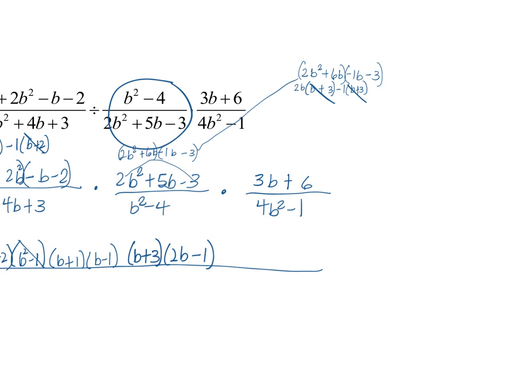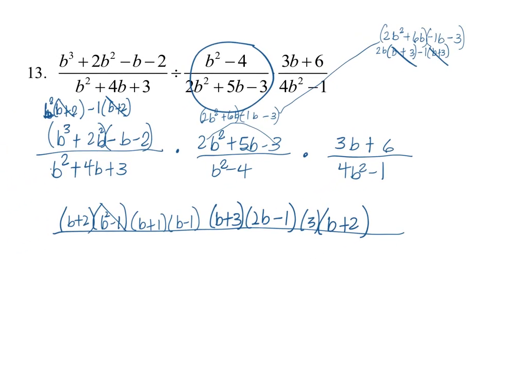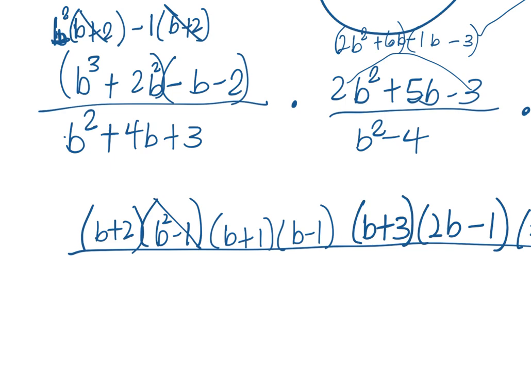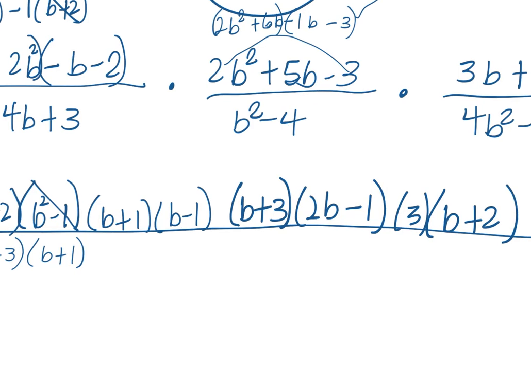Now, the 3b plus 6 right here, if you factor out a 3, you're left with b plus 2. Now in the bottom, factors of 3 that add to give you 4, 3, and 1. b squared minus 4 is a difference of squares.